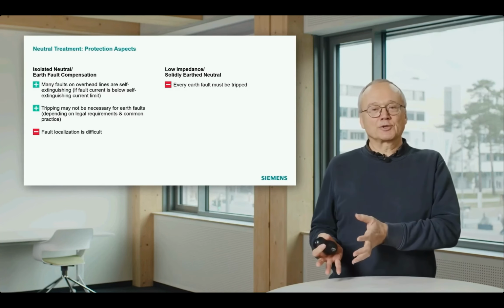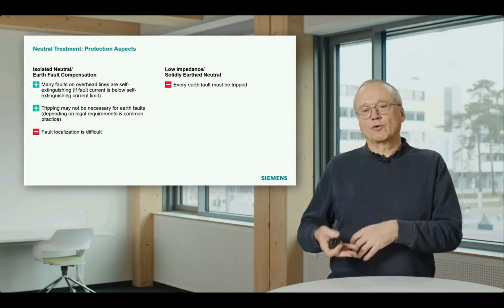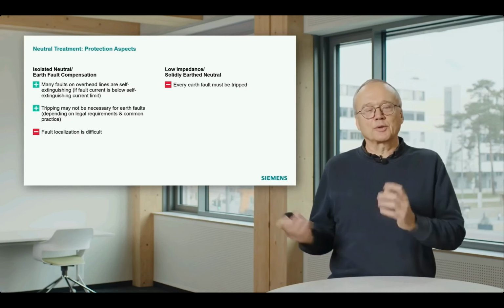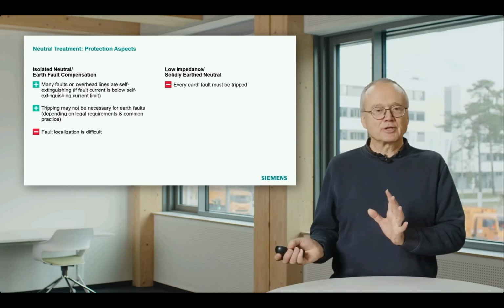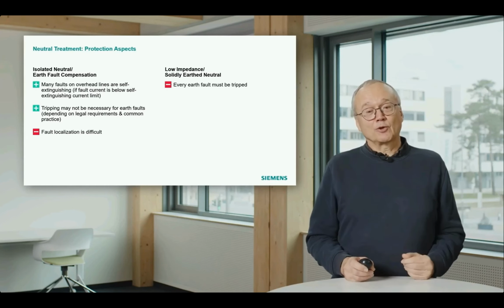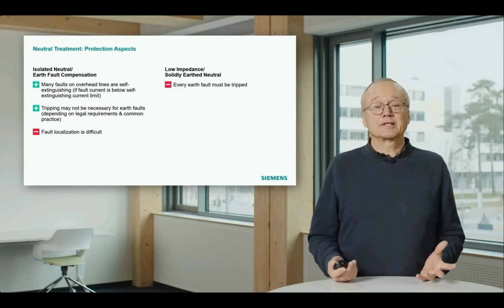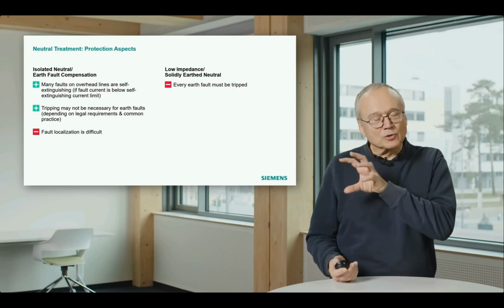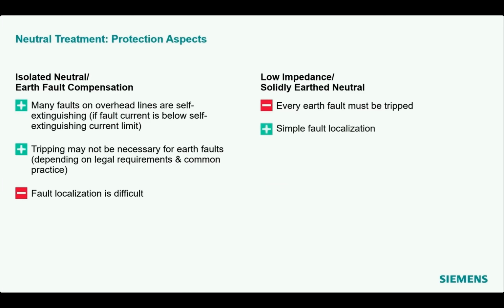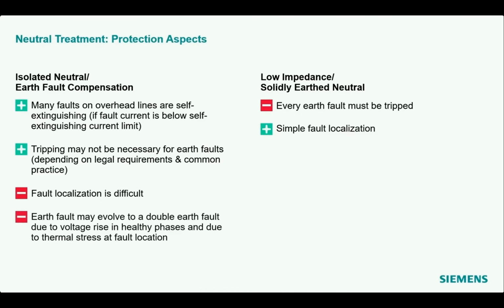If you have a solidly earthed system, you find the fault with the selectivity concept, with overcurrent or distance or with differential protection. It's pretty easy, it goes automatically. In a system with earth fault compensation, we will see fault localization is not that easy, because these normal concepts you anyhow have for short circuits don't work. That means low impedance, it's easy. For earth fault compensation systems, it is difficult.